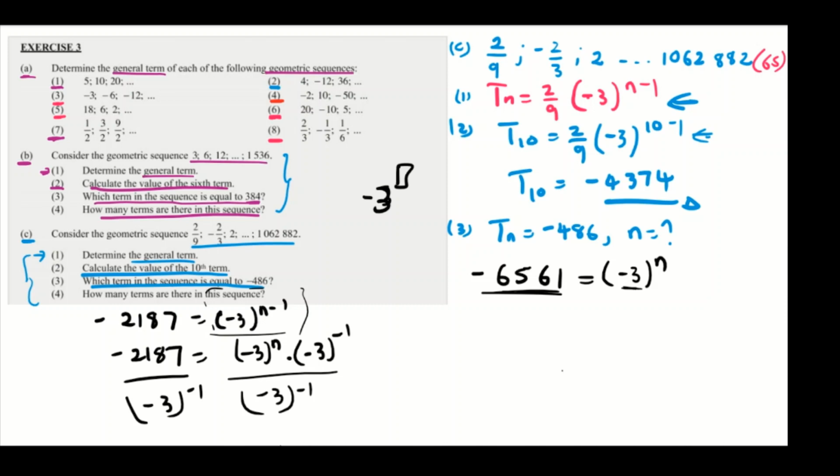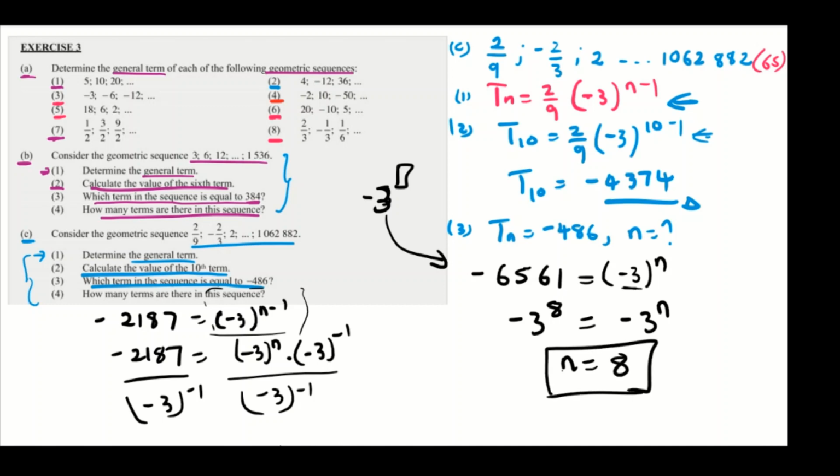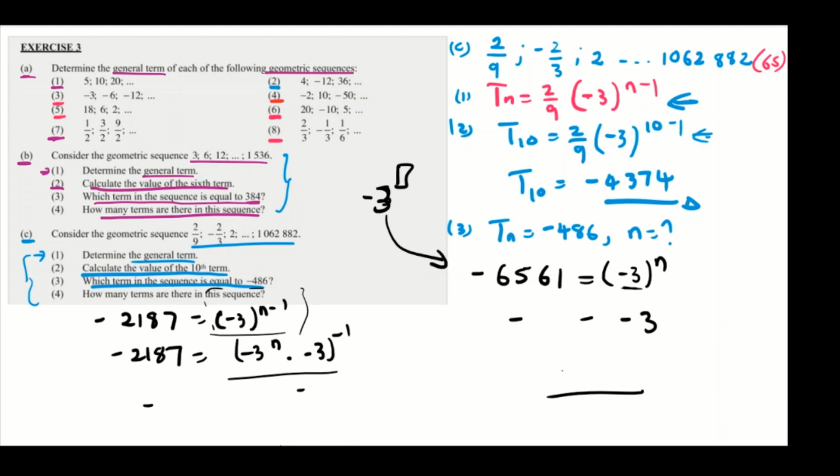But just make sure that the answer that you're going to get must give you minus 6561. So the power that I got is 8. So you're going to have minus 3 to the power of 8 equals minus 3 to the power of n. Same base, drop exponents, so n is equal to 8. Then you're done with this part of the question.